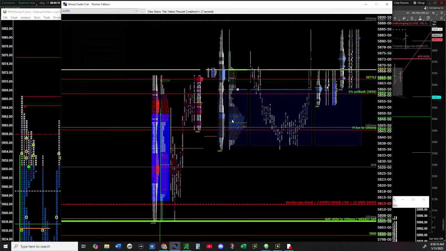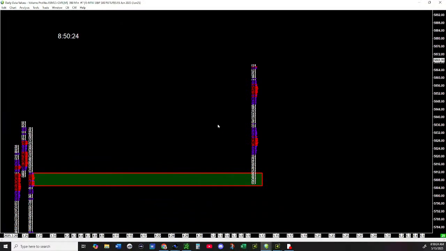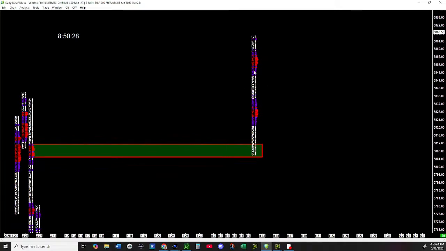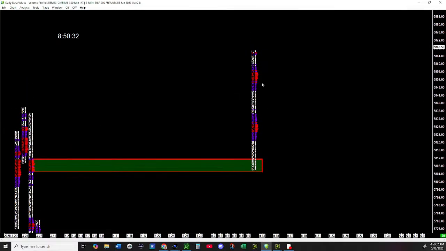If I want to check my daily histograms, I have to use, in Sierra, these bars that I configured to make it. These are number bars. Sierra calls them number bars, which you can set to whatever time frame you want, right?